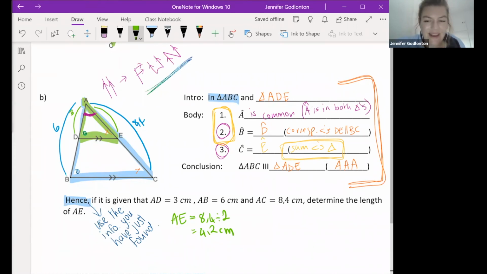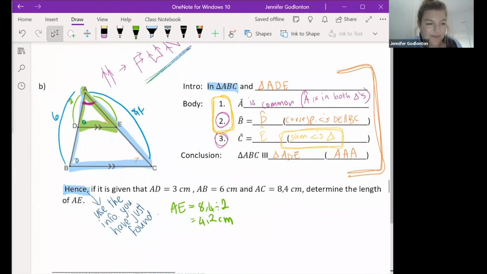Okay. I'm going to show you a little trick. When we're looking for our other side in similar triangles, we can write it as a little fraction. Obviously, if it's easy like this, if you can just divide by 2, take the easy road, but sometimes it gets a bit nasty, and then this is helpful. We write it as partners first.